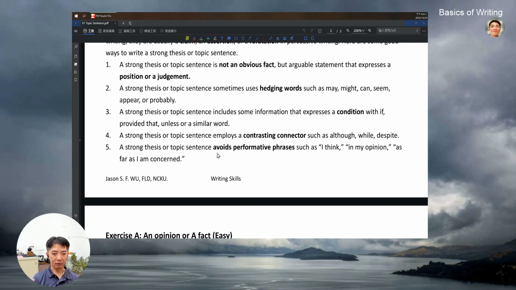So it's really not necessary to write phrases like I think, in my opinion. It's very common in Chinese students' writing. This is not good in very formal essay writing. So try to avoid number 5 and try to follow the 4 suggestions that can help you to write a strong topic sentence.